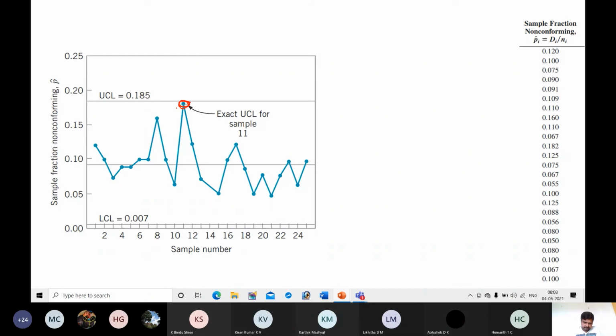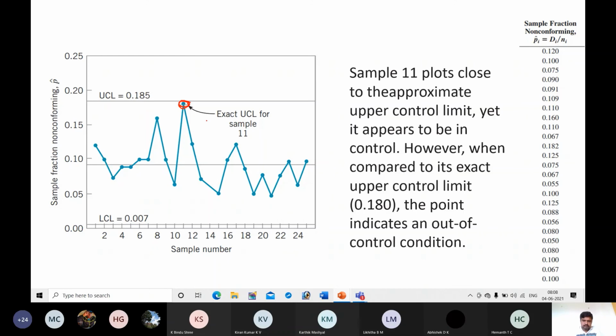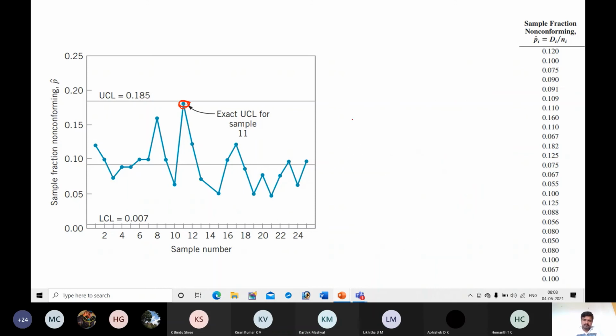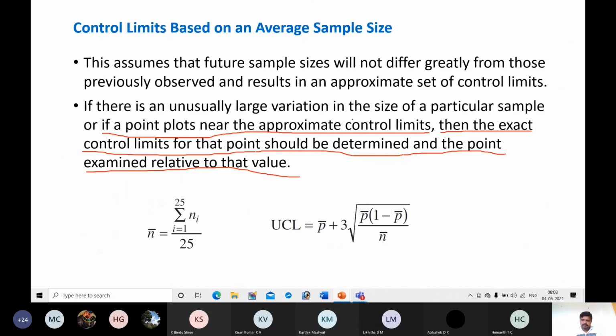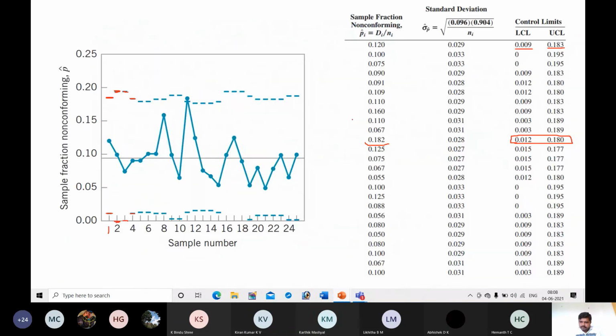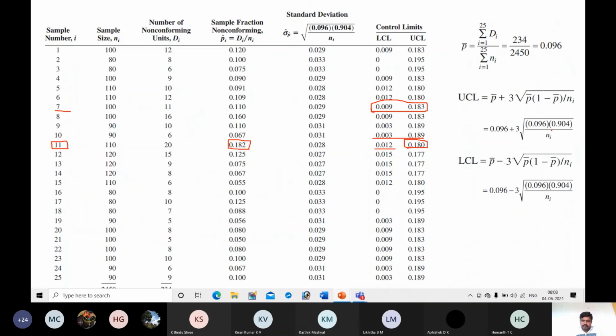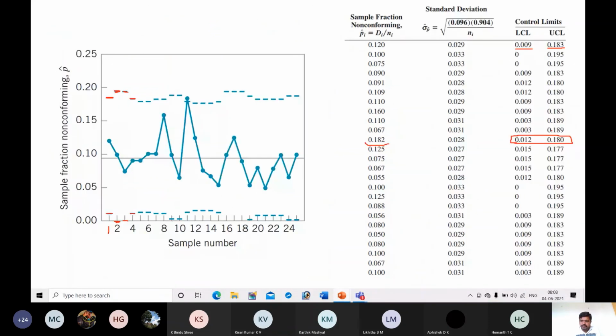So for 11, the actual upper control limit is 0.180. The actual value of p is 0.182.